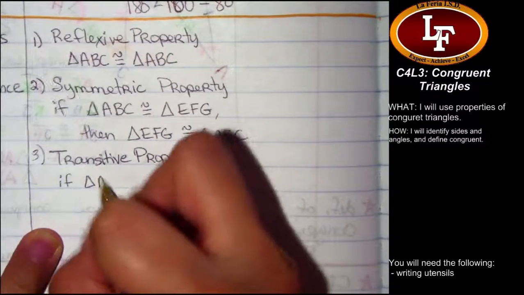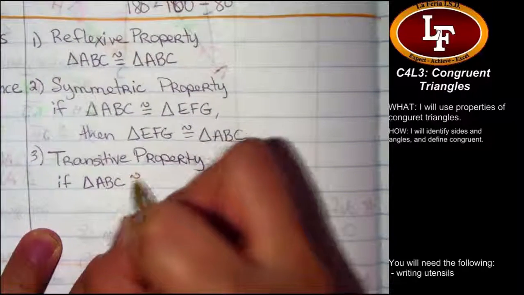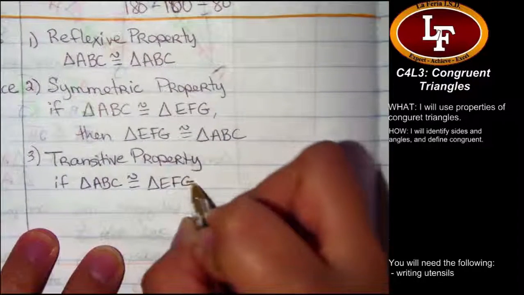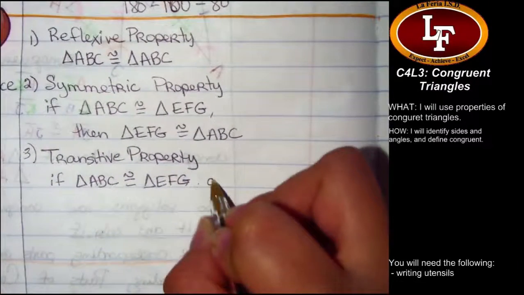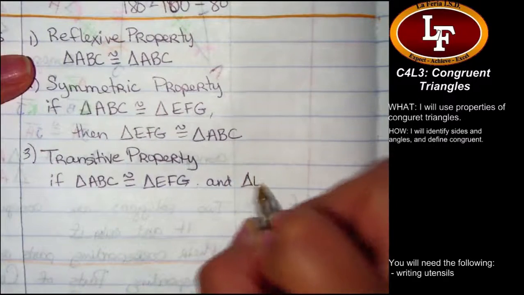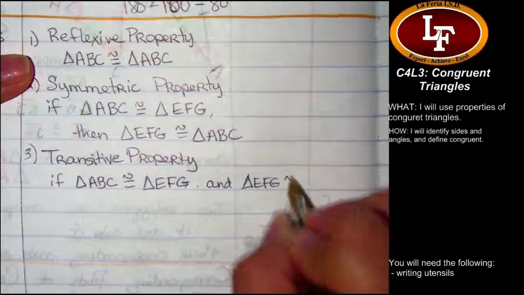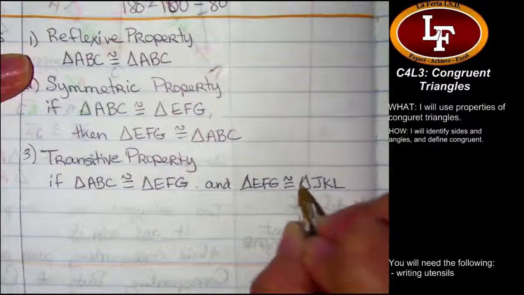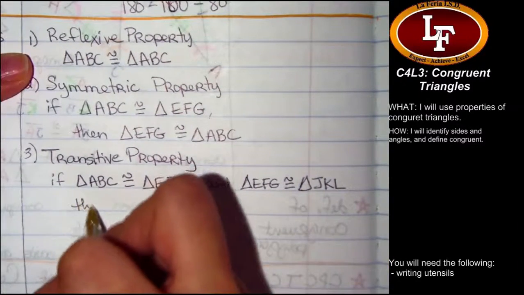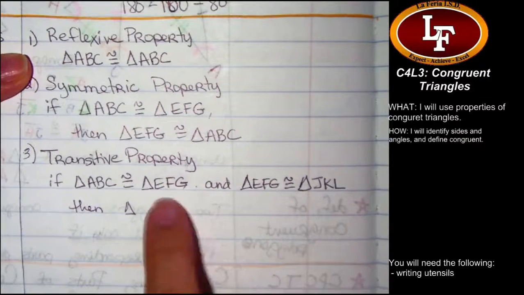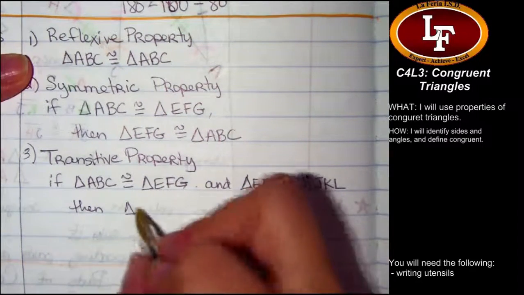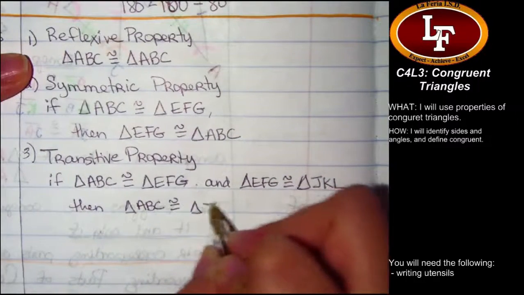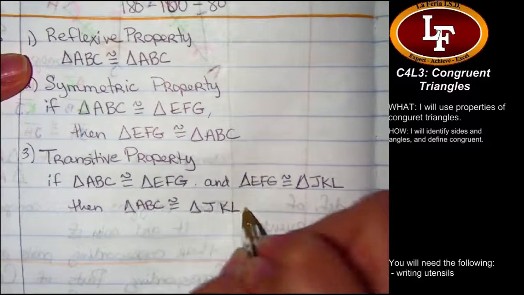If I have a triangle ABC, and that shape is congruent to this other triangle, EFG, and triangle EFG is congruent to some other triangle way off in the other part of the world, JKL, then I'm allowed to use triangle EFG as a bridge to connect the first shape I started with, triangle ABC, with the final shape I'm looking at, JKL.